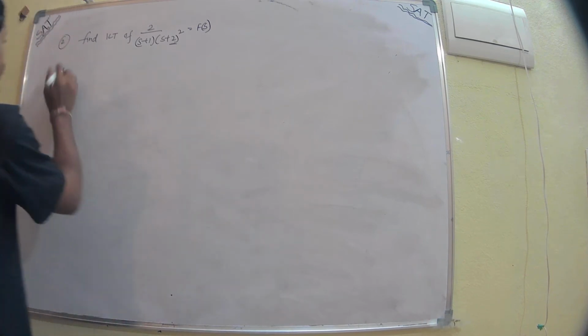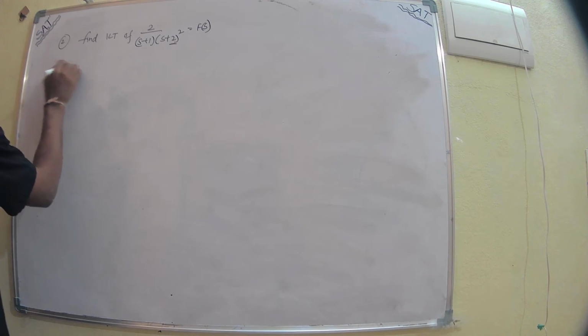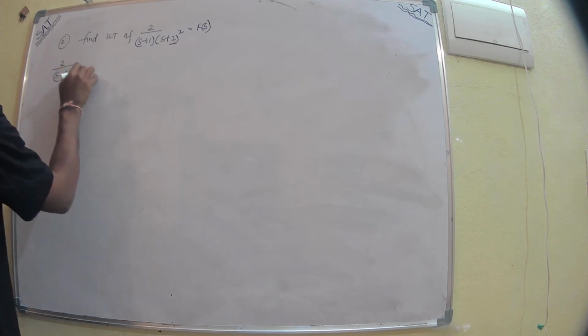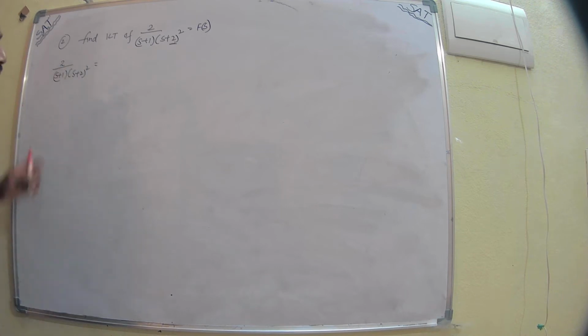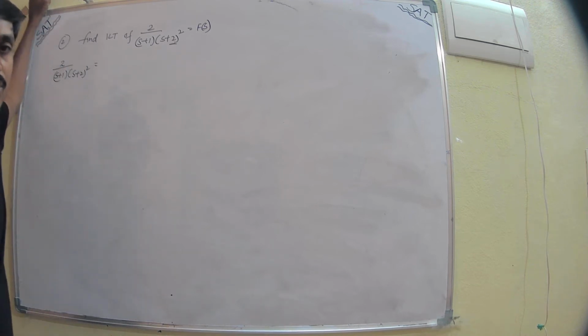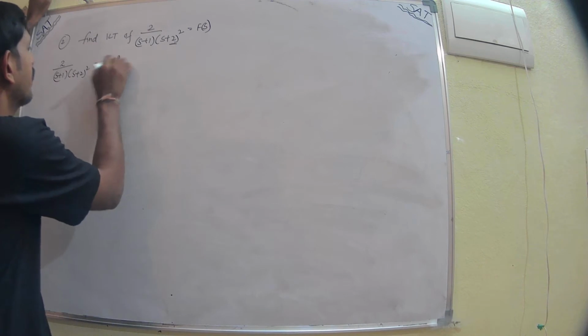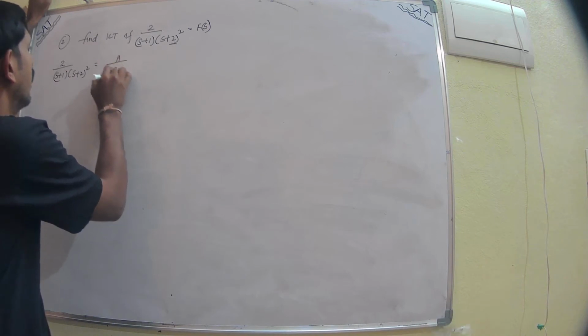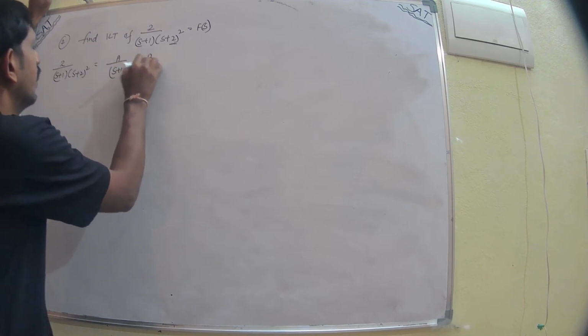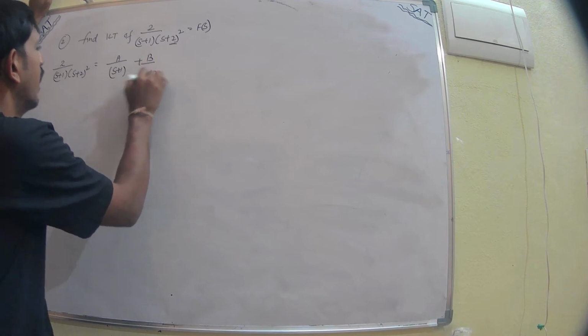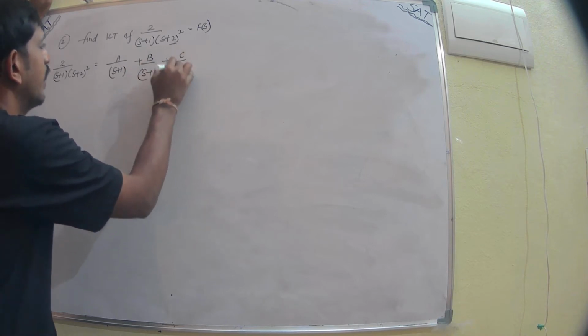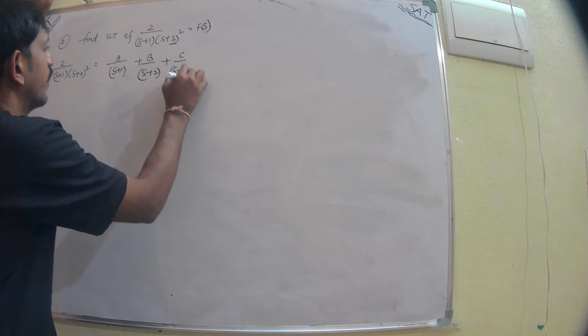So I can write 2 by (s plus 1)(s plus 2) whole square, and split the total S domain function into different parts depending upon the equation: A by (s plus 1), B by (s plus 2), and C by (s plus 2) whole square.